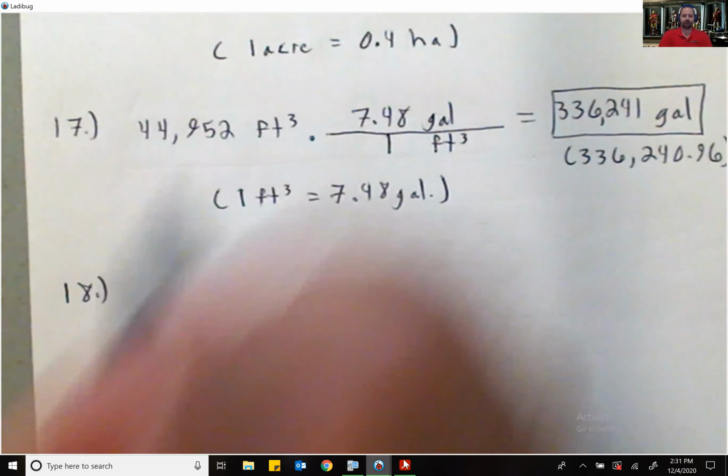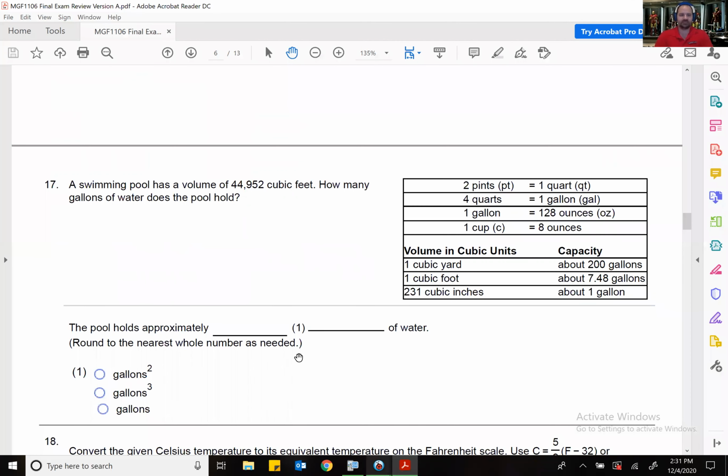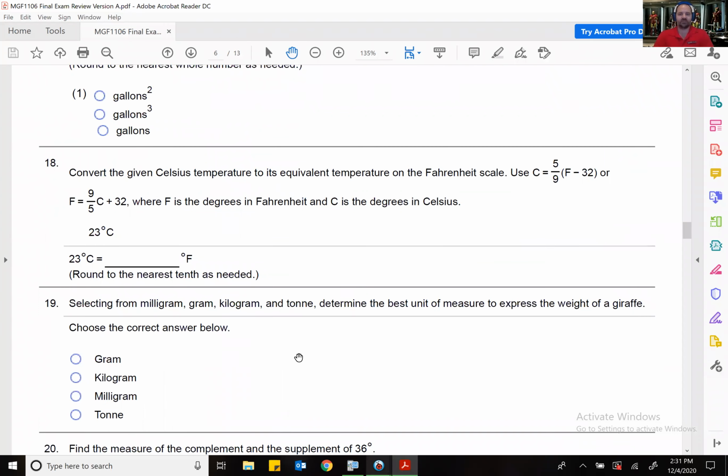18. Little bit of temperature conversion, not too hard. We've got two temperature conversions: Celsius equals 5/9 parenthesis F minus 32, or Fahrenheit equals 9/5 Celsius plus 32.